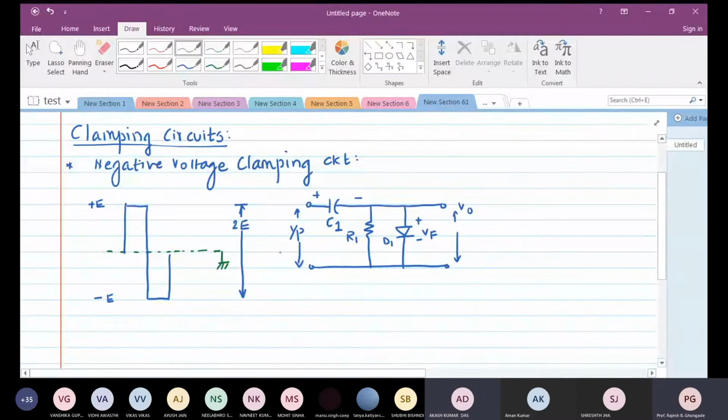Okay. And the output that I get is going to be interestingly something like this. You see what is happening here?